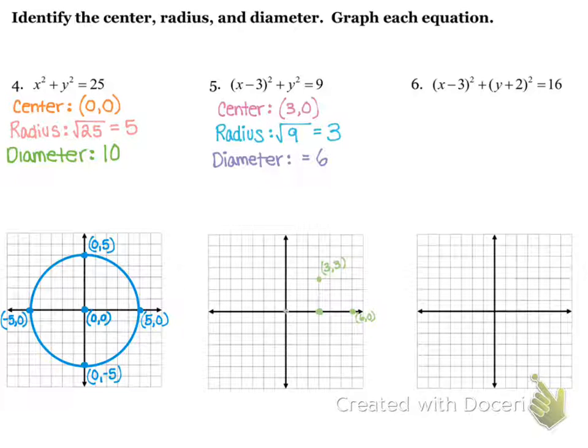I have a point at the origin. And then I have a point at (3, negative 3). And when we double check, our diameter from the origin over to (6, 0) is 6 units. So this is our graph of our circle.